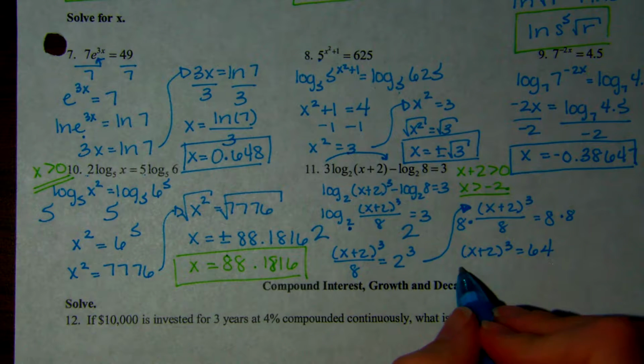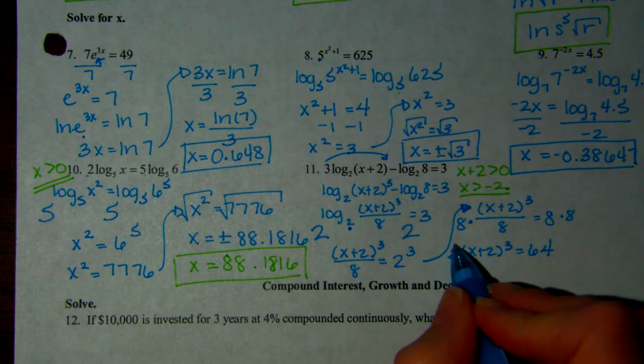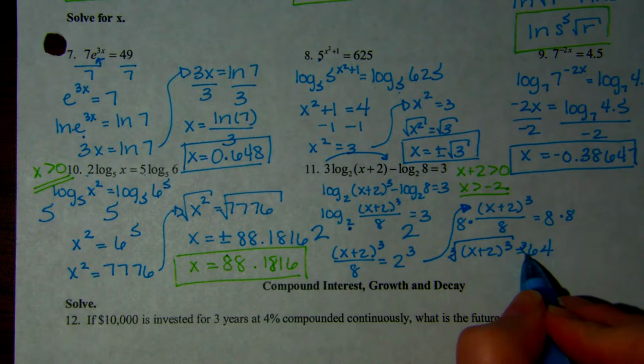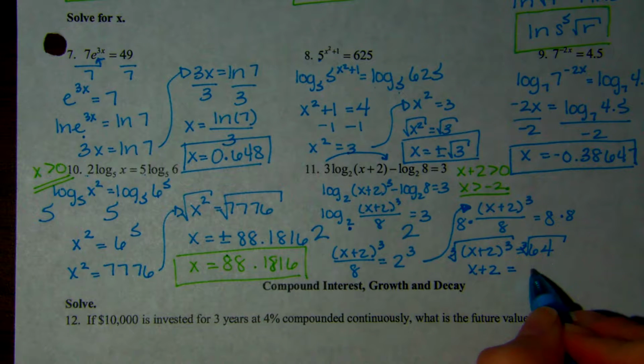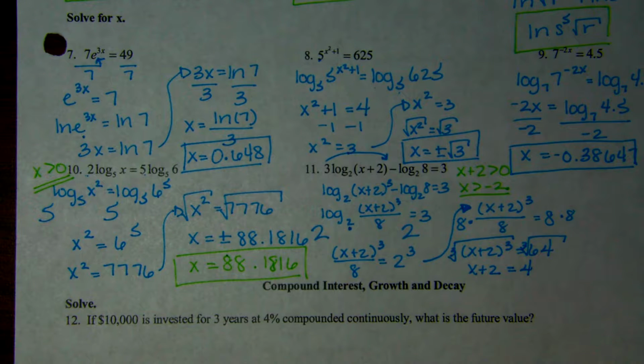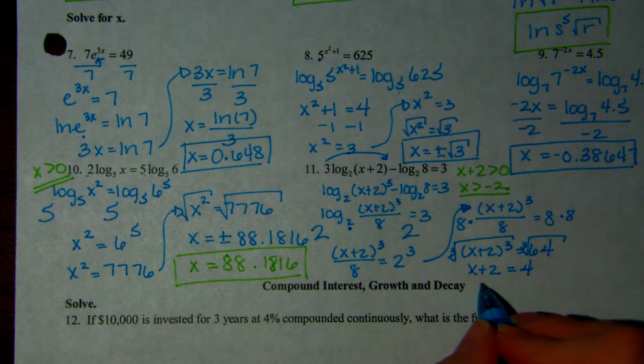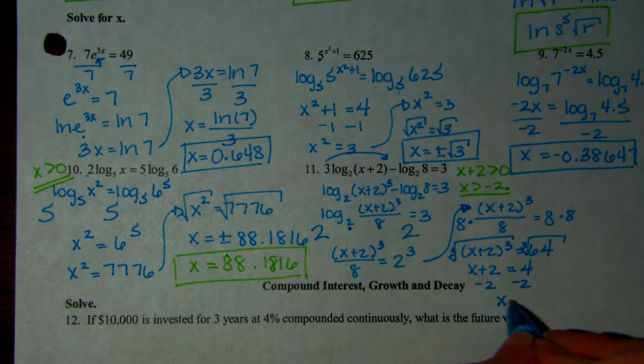You take the cube root of both sides. You get x plus 2 is equal to the cube root of 64, which is 4. And then you can solve for x. So you subtract 2. x is equal to 2.